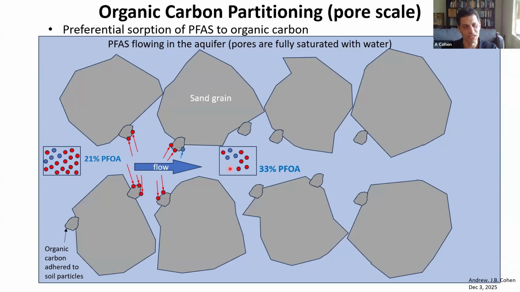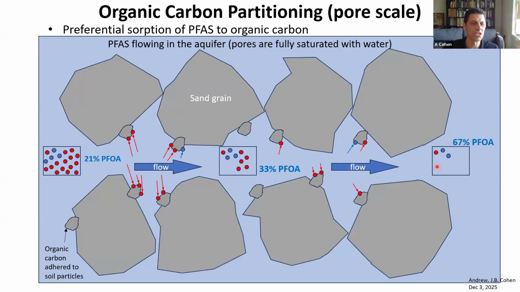I'm sorry, it's increased to 33%. So it went from 21% to 33%. Similarly, as we move down gradient, or downstream, we've got more preferential sorption, so that when we get to this point on the right, now we're talking about 67% PFOA.